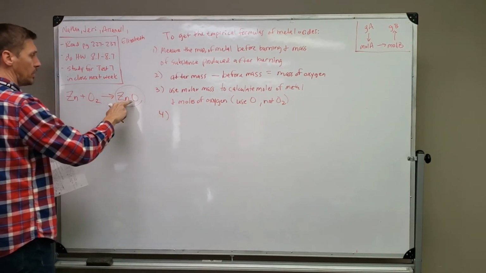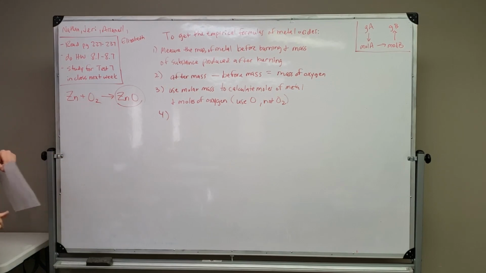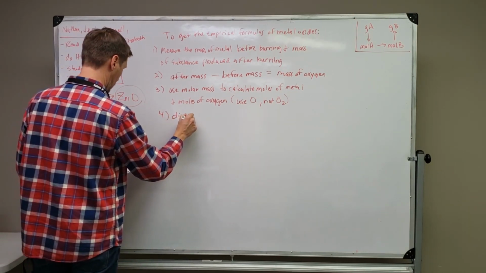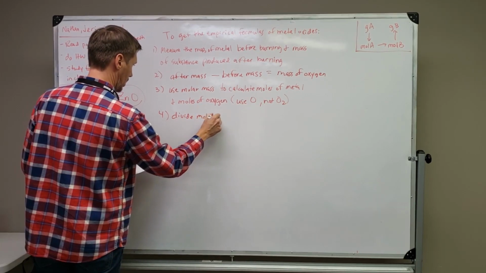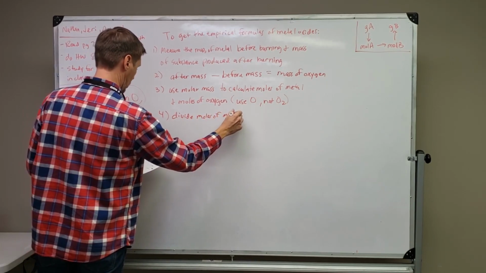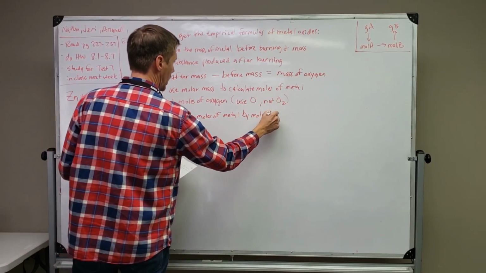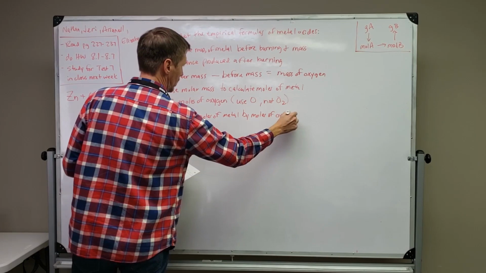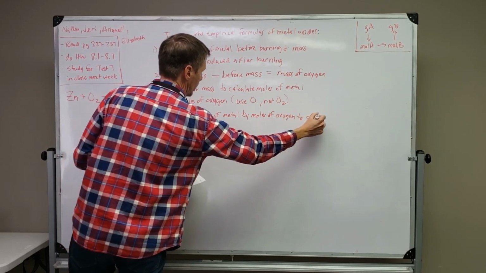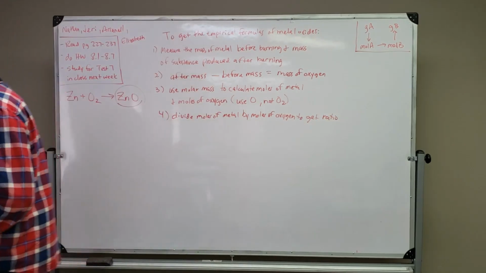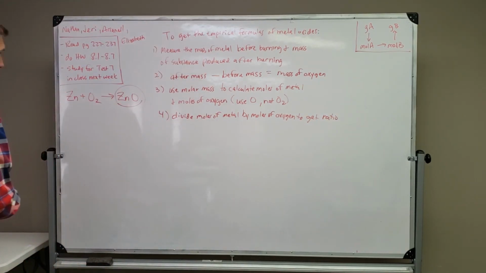So we're trying to find the empirical formula. We're trying to find out the relationship between zinc and oxygen in this particular example. And so last of all, we divide moles of metal by moles of oxygen to get the ratio of metal atoms to oxygen atoms.